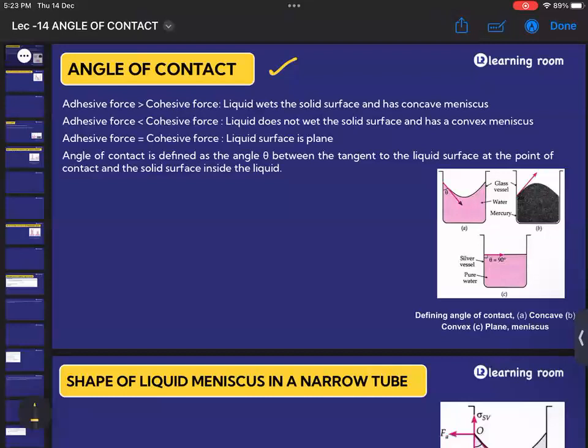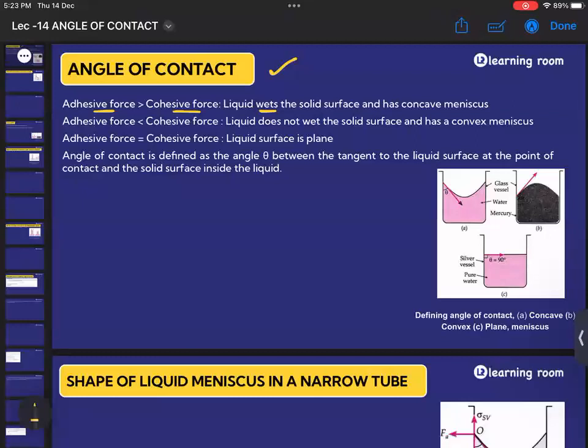So if there is any liquid which has this property where the adhesive force is greater than the cohesive force, then that liquid will have the tendency to wet the solid surface, and the surface will have a shape which is called a concave meniscus.